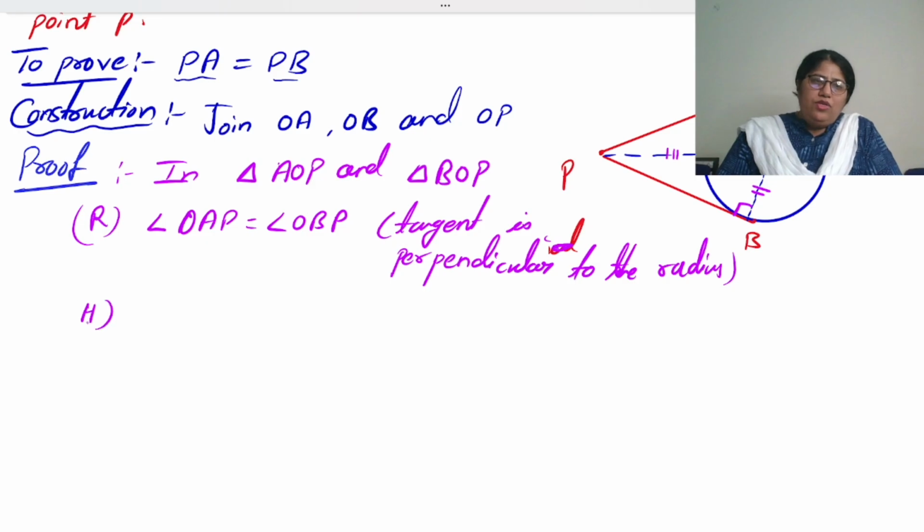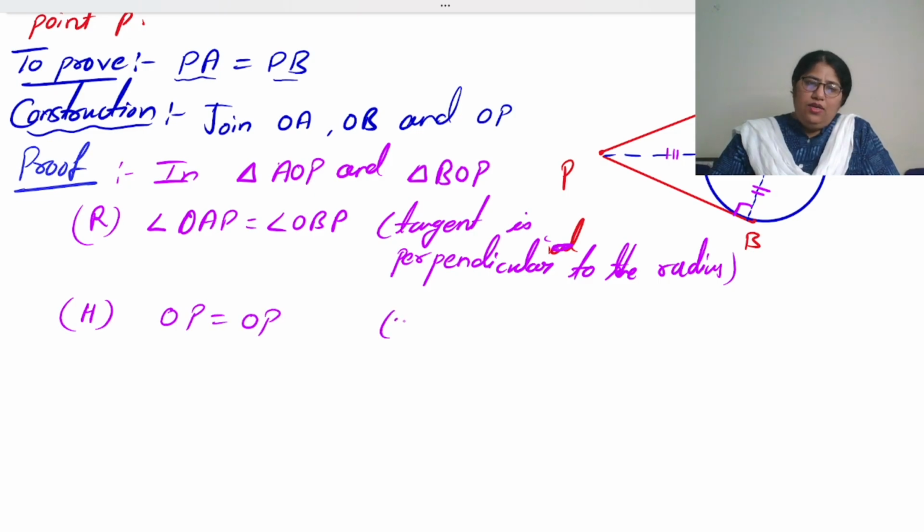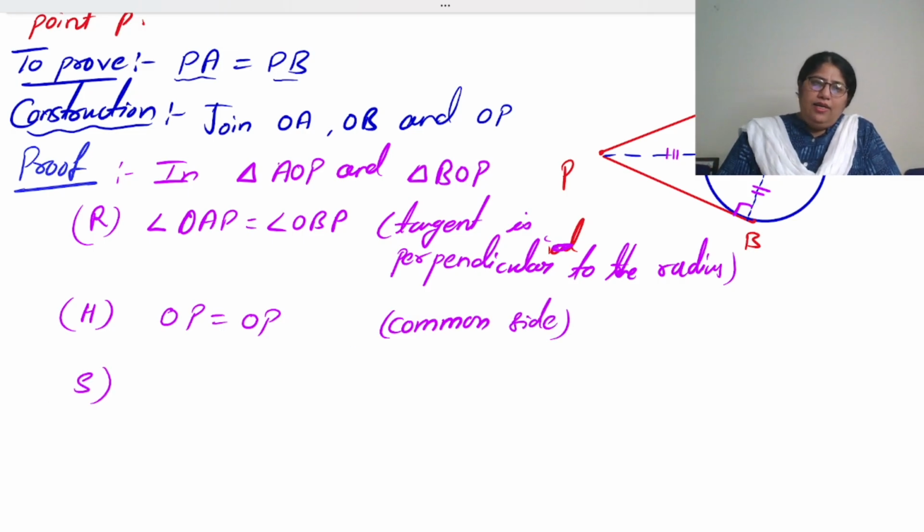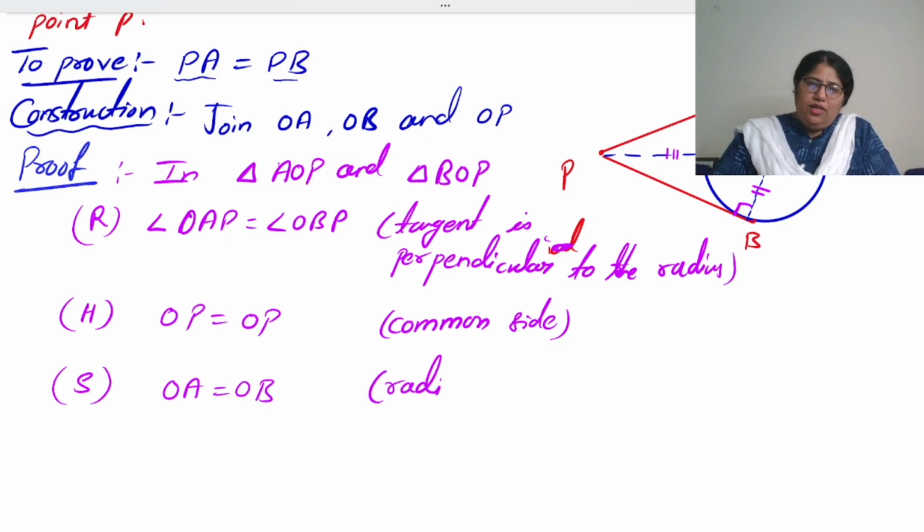Then the hypotenuse is the common side, opposite to 90 degrees is always the hypotenuse. So OP is equal to OP, and the reason you can write down here, common side. And then the side here, OA is equal to OB, because radii of the same circle are always going to be equal.